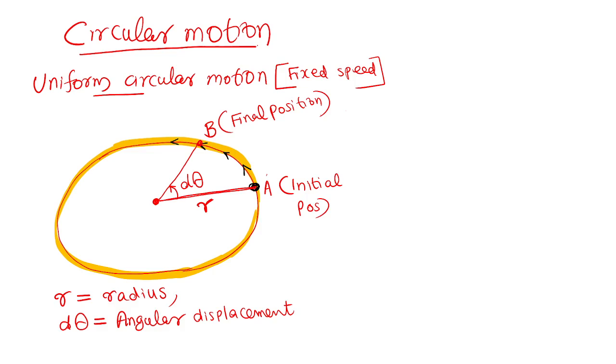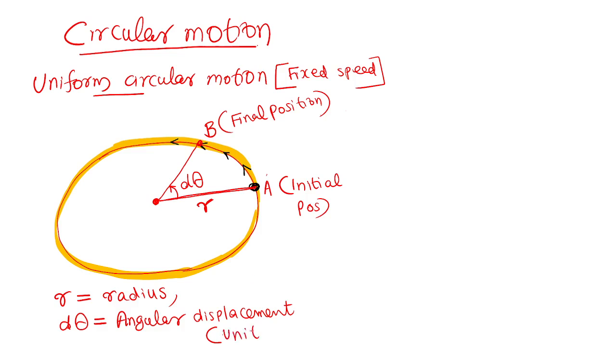The angular displacement. We are not using the unit as degree. For angle, here in circular motion there is a standard unit. We don't use degree measurement. We use radian measurement.